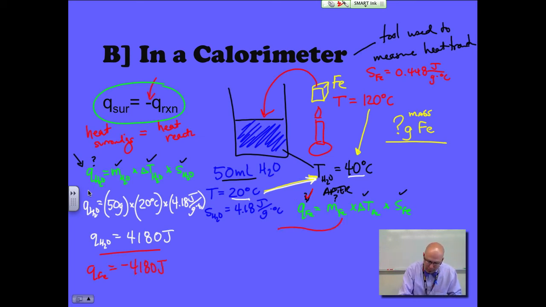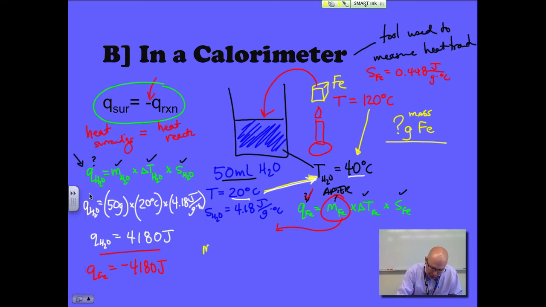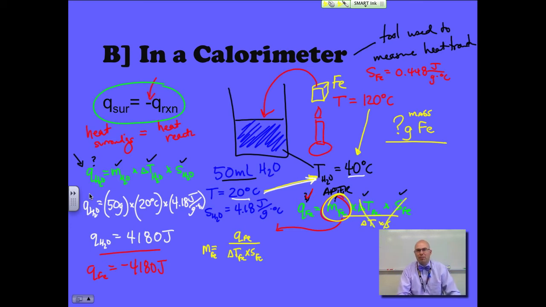Okay? I'm going to rewrite this formula solving for mass because that's what we're solving for, right? We're solving for the mass of the iron, which is going to be the Q of the iron over the change in temperature of the iron times the specific heat of the iron. Again, in order to get that, I divide both sides by change in temperature times S. That gets rid of it on that side, makes mass all alone, and so we can get the formula that way.